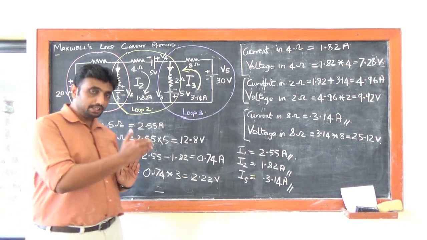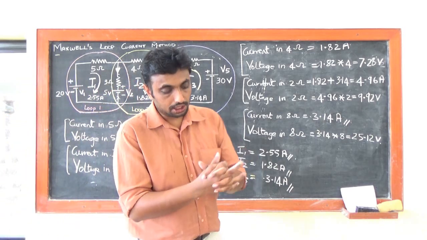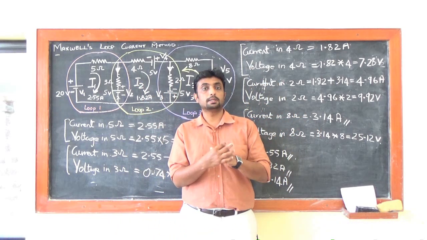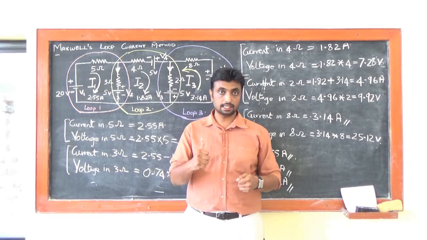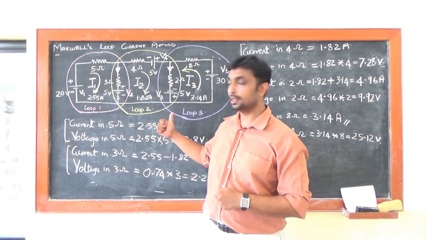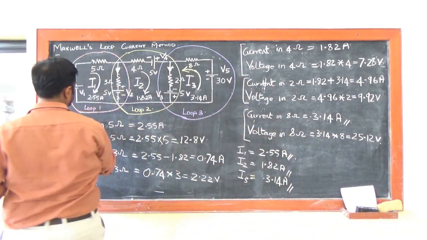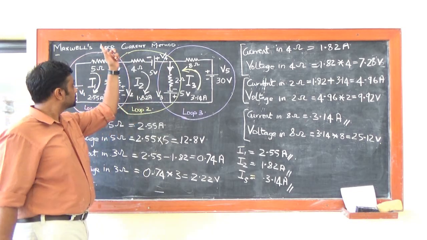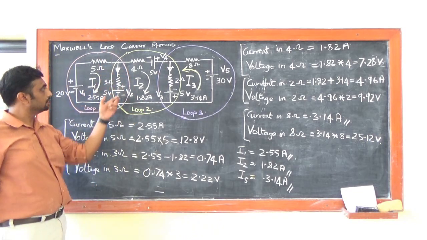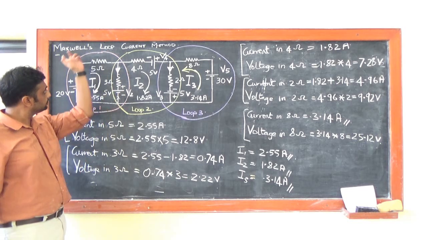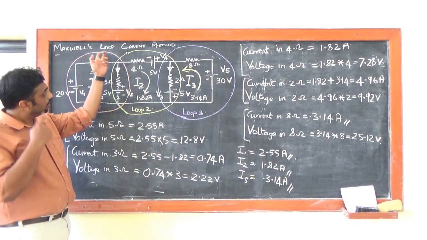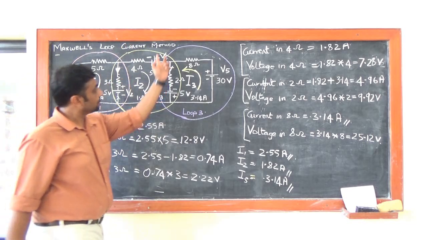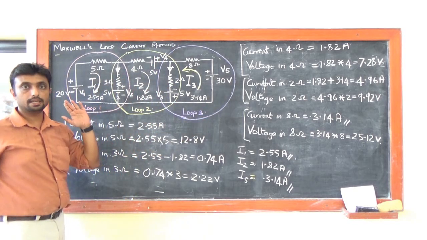So the steps involved in using Maxwell's loop current method would be, firstly, whenever you get your diagram, draw your loops. I know it is time consuming, but draw your loops. Label loop 1, draw your circle for loop 1, draw your circle for loop 2, draw your circle for loop 3.